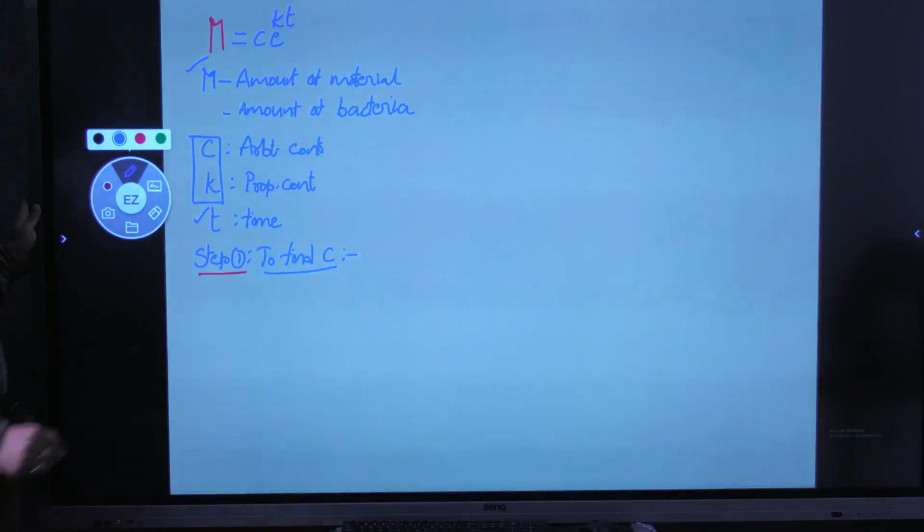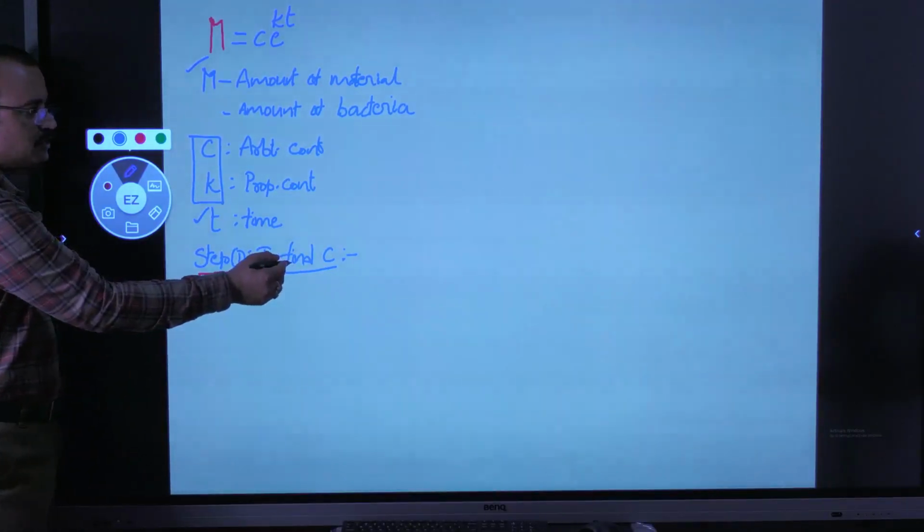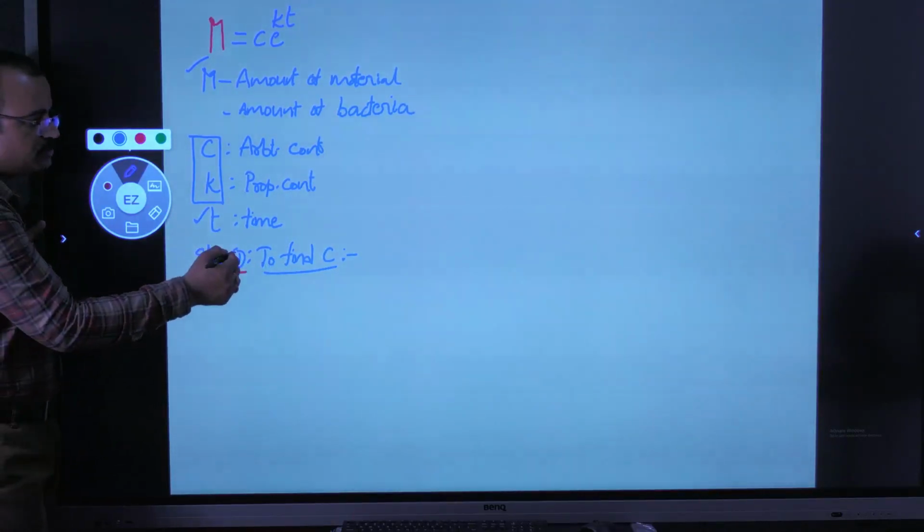In general, we can find the value of an arbitrary constant by using the initial condition. Initial condition means the initial amount of bacteria, how much is there.